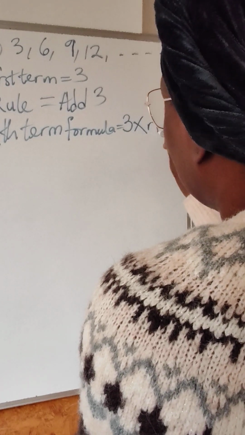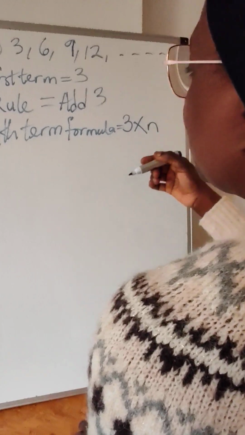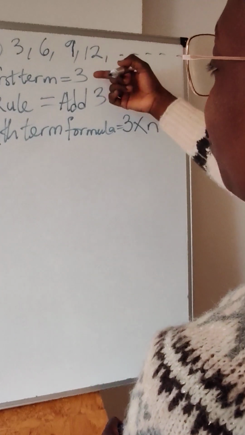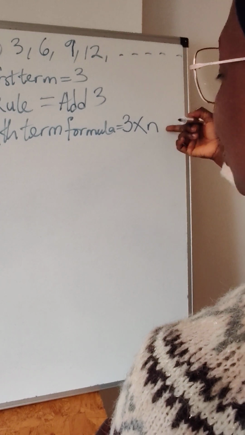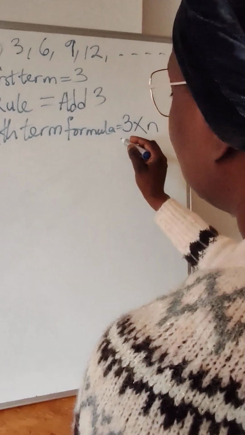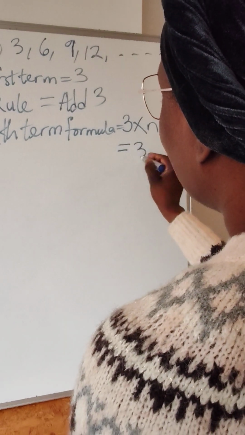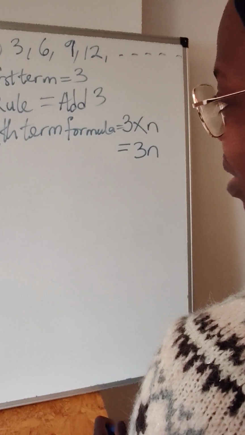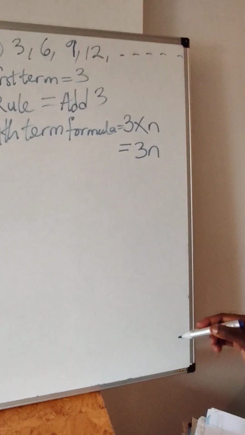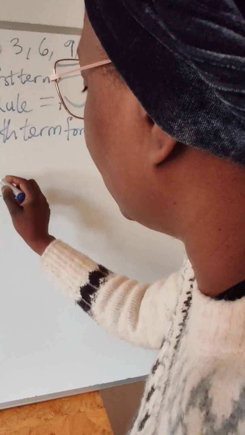Checking the rule and the first term, they are the same thing. So we are not going to add or subtract anything from this 3n. So the nth term formula here also is 3n. Is that taken? So we move to the third sequence.